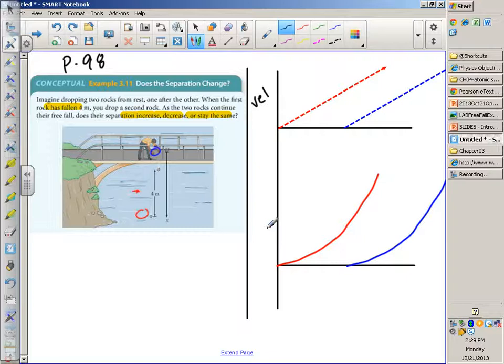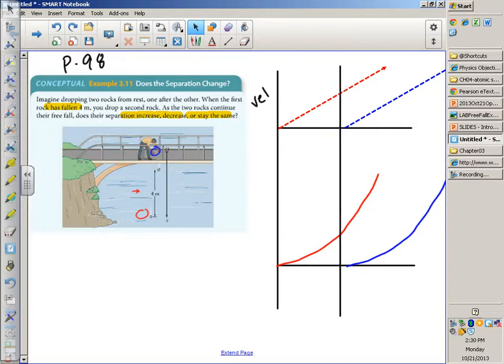So red starts right away and it starts accelerating right at the very beginning, but blue doesn't start until a certain time after. That's the point when blue starts, but red's already moving quickly, right?